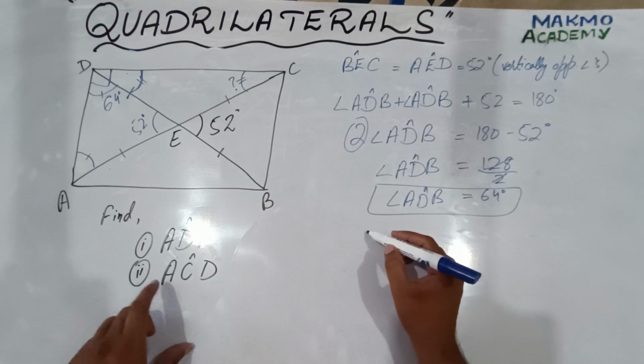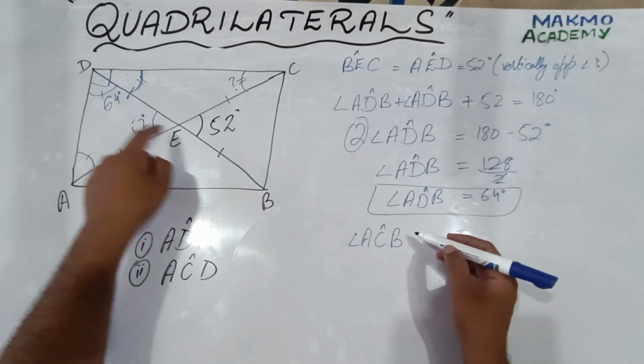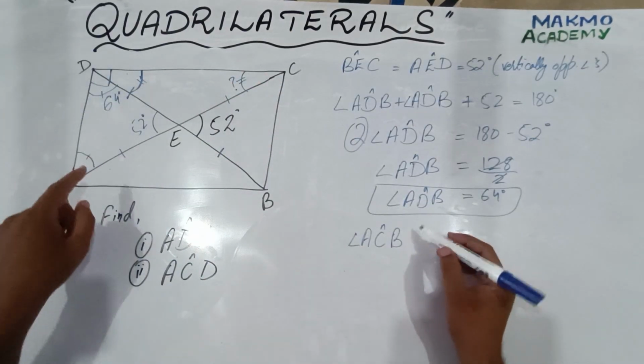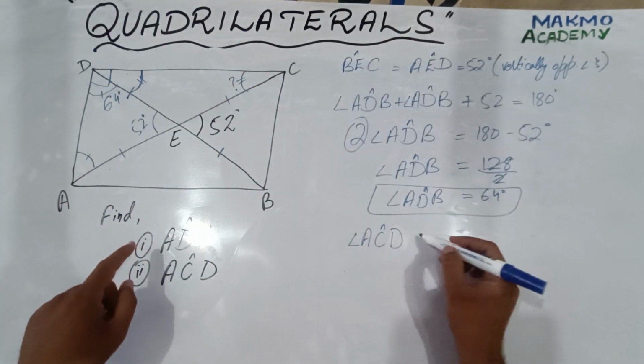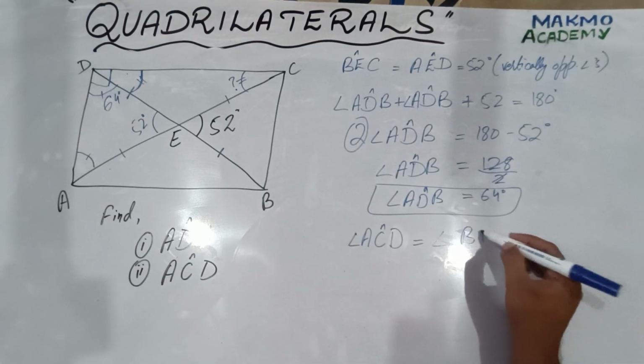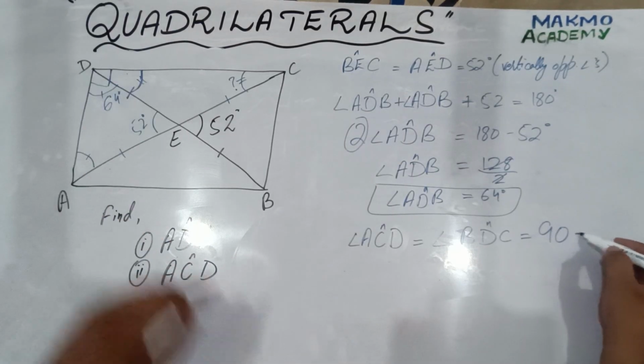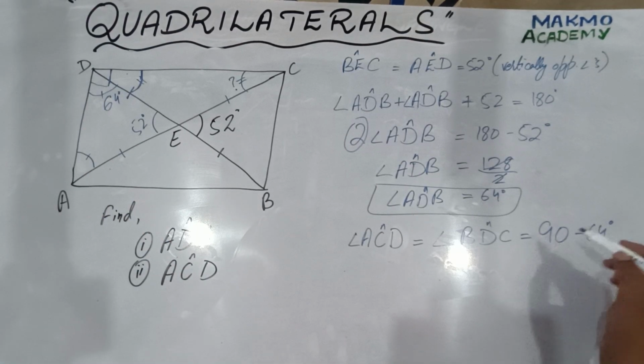Angle ACD is equal to angle BDC, which is 90 minus 64.